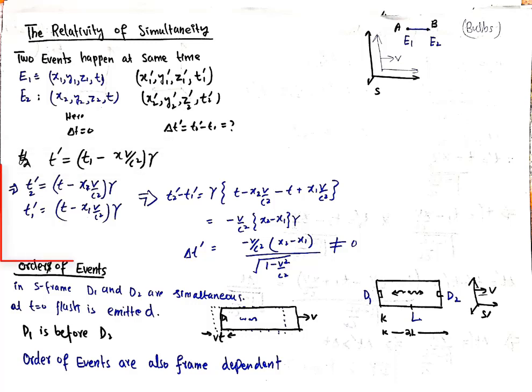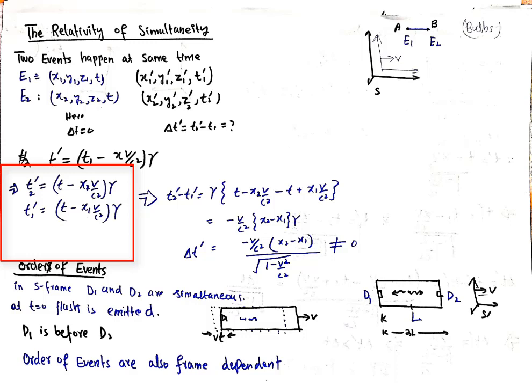This gives t2 prime equal to gamma times (t minus x2 v by c squared), where t is the corresponding time in the rest frame, and for t1 prime it will be gamma times (t minus x1 v by c squared), since the corresponding time of event 1 in the S frame is also t.